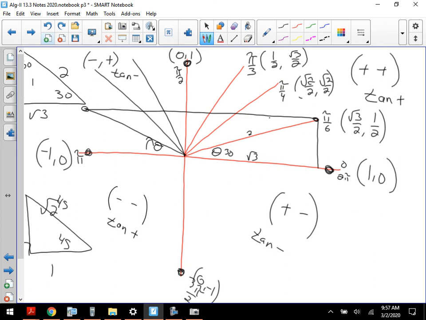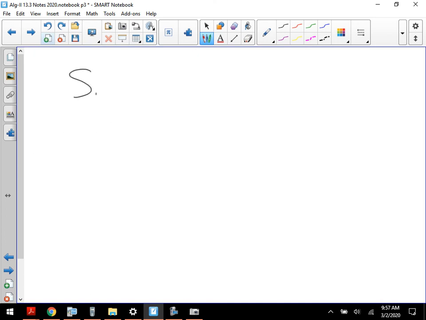They just reflect. What I'm getting at is, if you know the first quadrant, better yet, if you can even just draw your 2 triangles, you can answer any question that I ask you. If I say, what is the sine at negative 4 pi over 3, what would I do first?